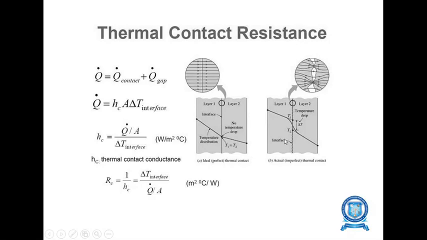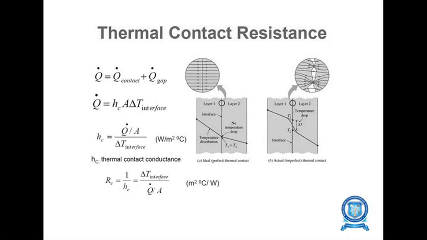Hc is equal to Q by A divided by delta T, because we are rearranging this equation for the Hc value, by cross multiplication. Therefore, Hc is equal to Q divided by A into delta T. The unit is watts per meter square degree centigrade.